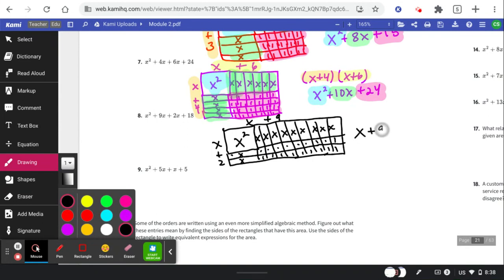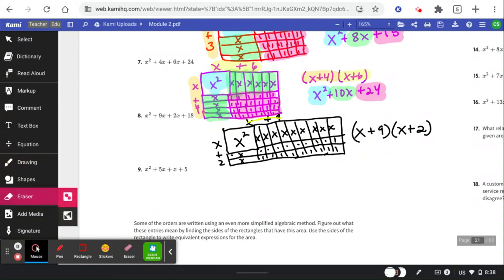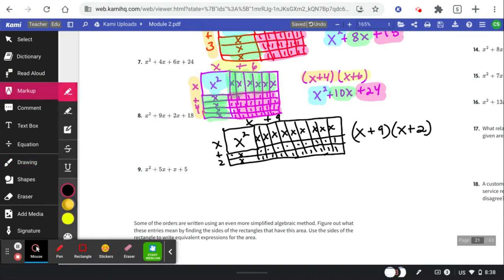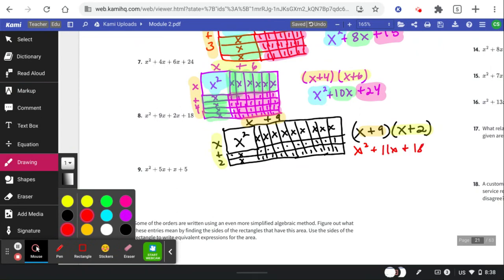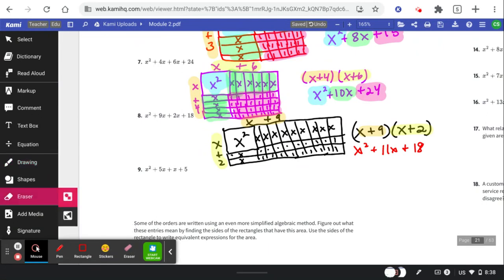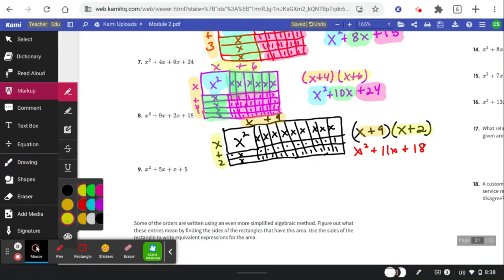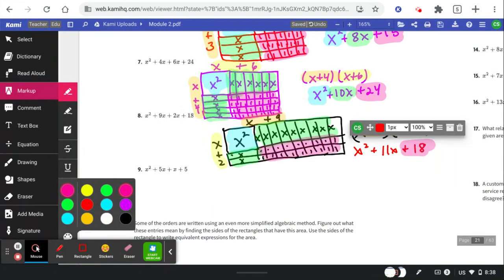$18. These two come from here and here, and the equivalent expression comes from there.